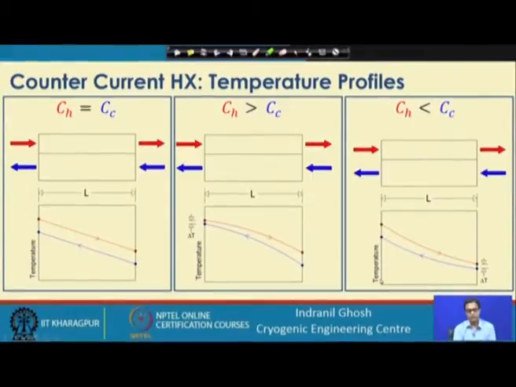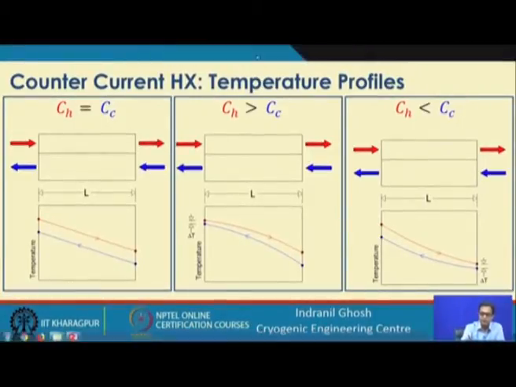There may be situations when C_H is greater than C_C, or it may also happen that C_H is less than C_C. That means C_R will either be greater than 1 or less than 1. In case C_H is greater than C_C, we will find that the temperature profile is similar to the one shown here for the counter current heat exchanger.